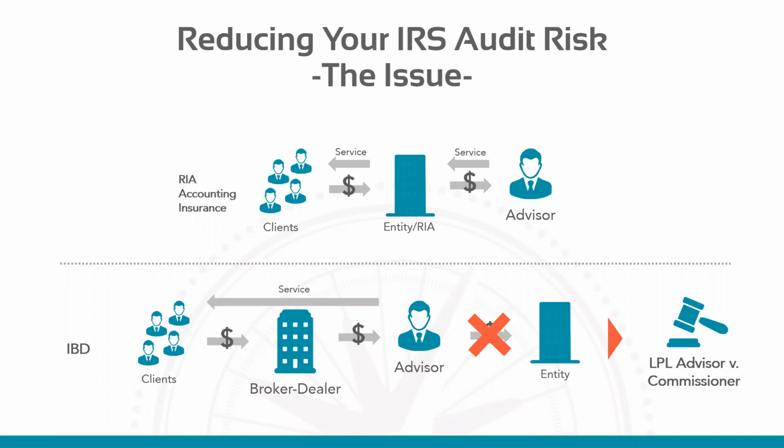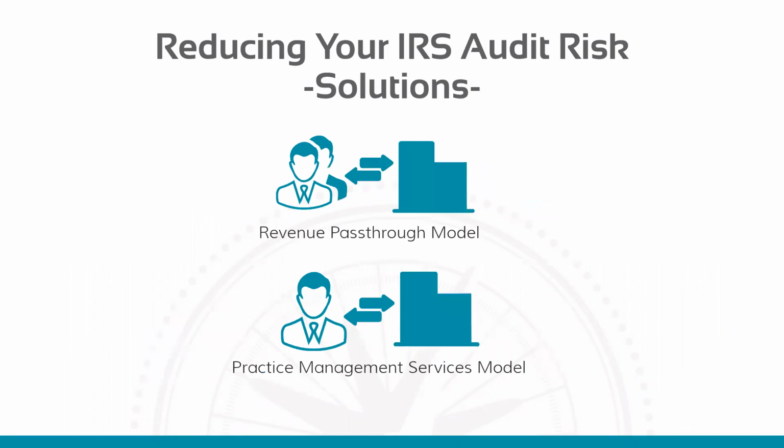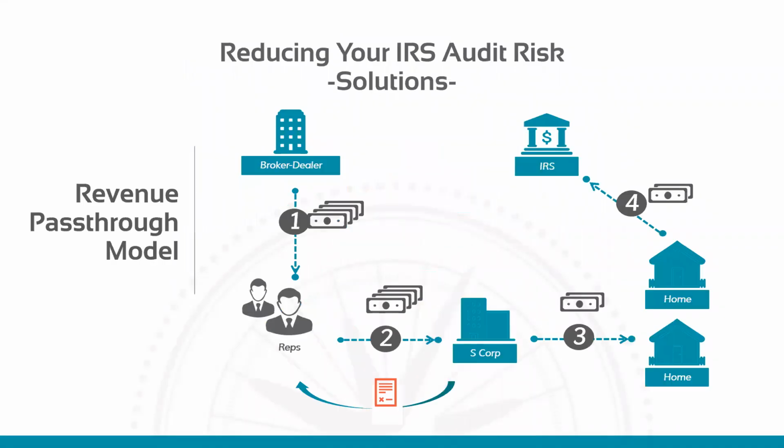In order for you to reduce your risk, you can consider one of these two solutions. The solution that would work best for you depends on whether you operate as a single owner or if you have partners in the entity. For businesses that have more than one owner, we recommend implementing this revenue pass-through model that you see up on the screen.